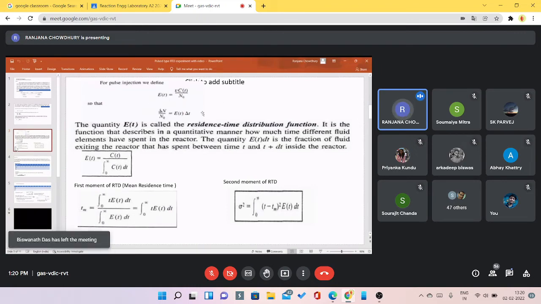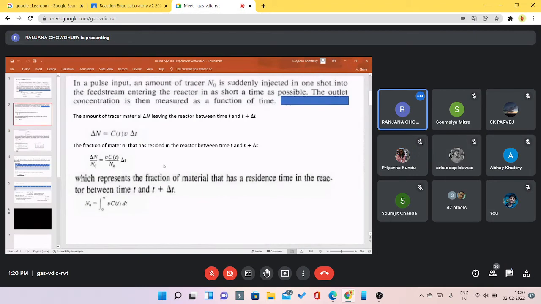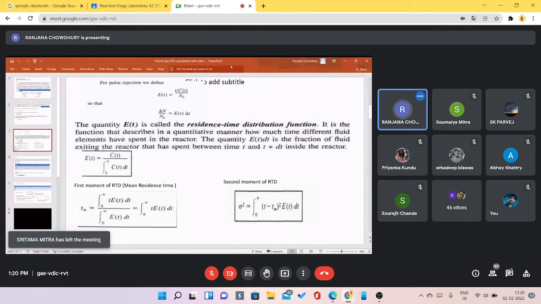If you compare this with this form, here delta n by n0 is nothing but E(t) into delta t. From this concept, you can determine the value of E(t), which is nothing but the residence time distribution function.